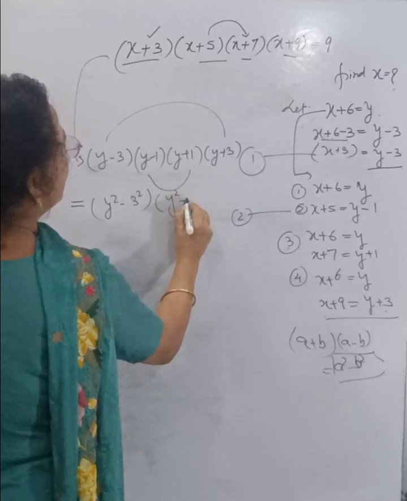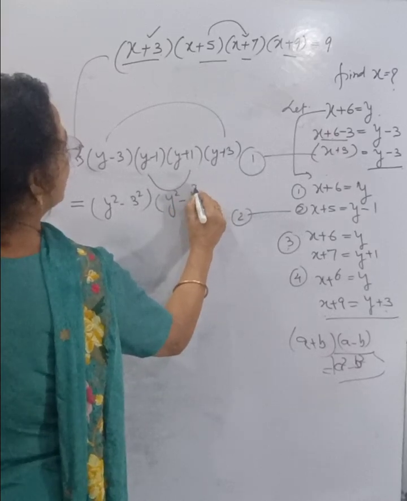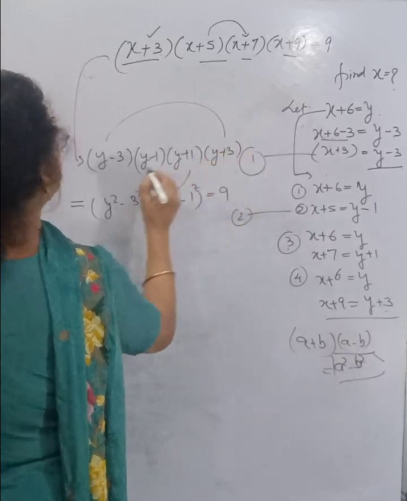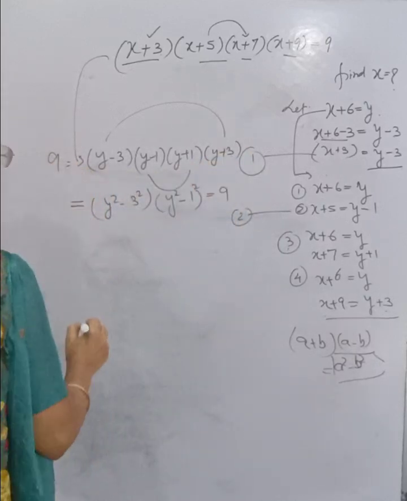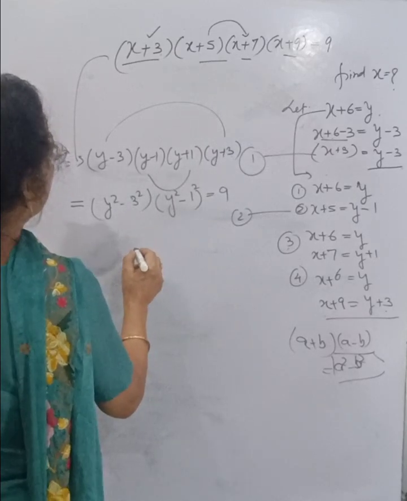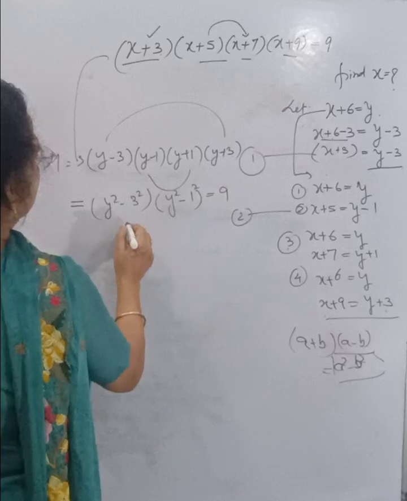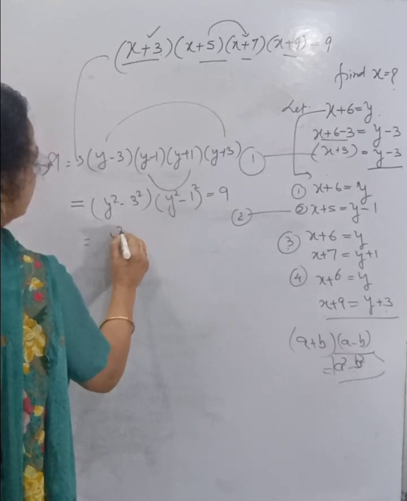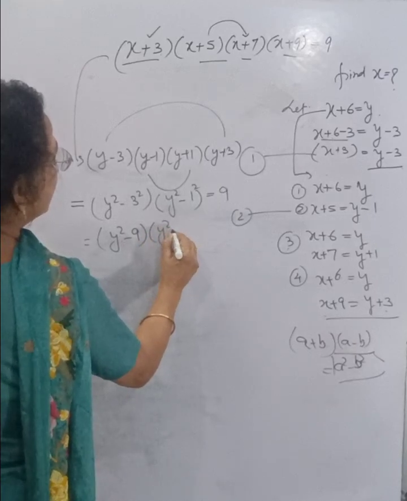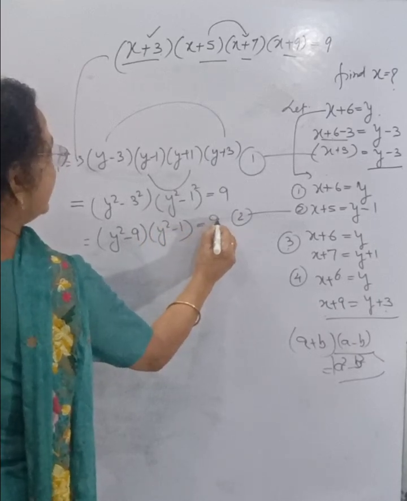y square minus 1 square is equal to 9. This is already given to us, 9. Correct. This is equal to (y square minus 9)(y square minus 1) is equal to 9.